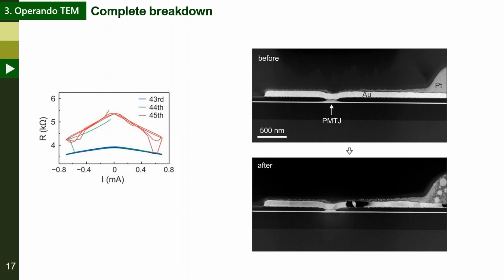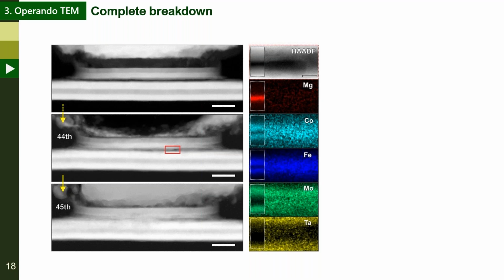Because of the time constraints, I cannot show all the data, but similar structural changes were also observed in the TEM heating experiments, hinting that the heat, or Joule heating, is the source of these destructions. During this complete breakdown, the MTJ structure changes a lot as well.